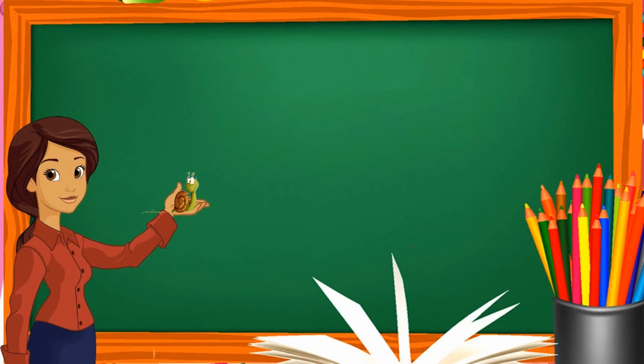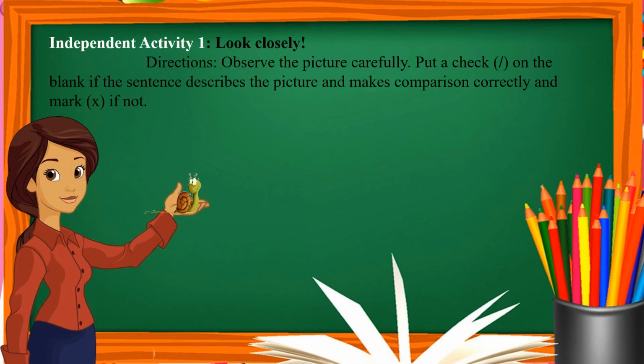Okay, here, there's an activity. Observe the pictures carefully. Put a check on the blank if the sentence describes the picture and makes comparison correctly. Mark X if not. So you have activity sheets in your tray.